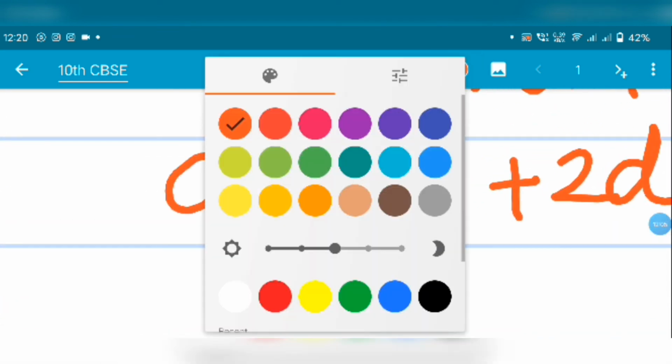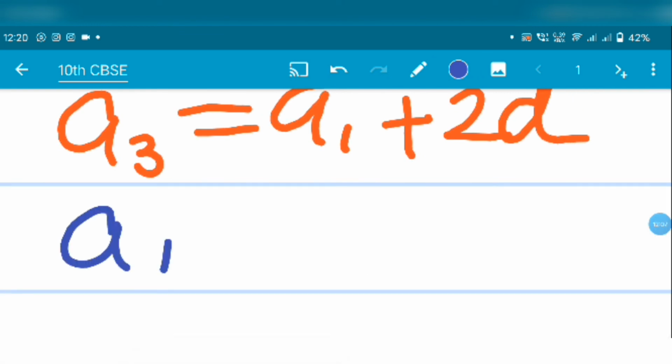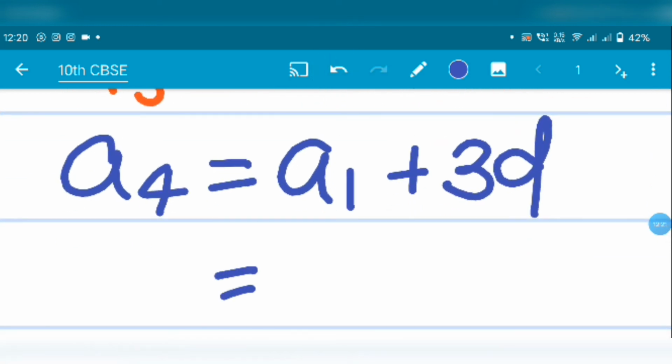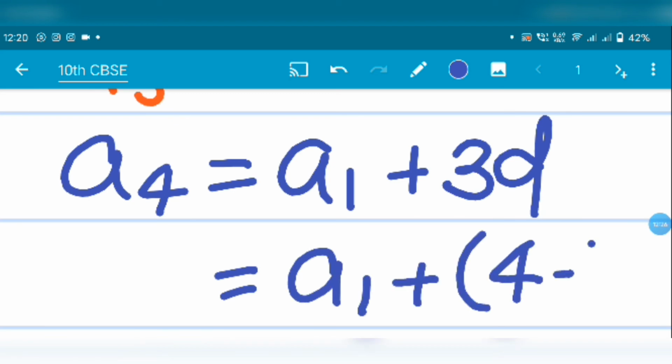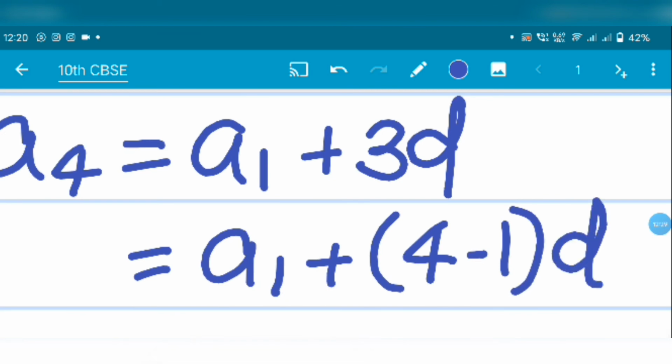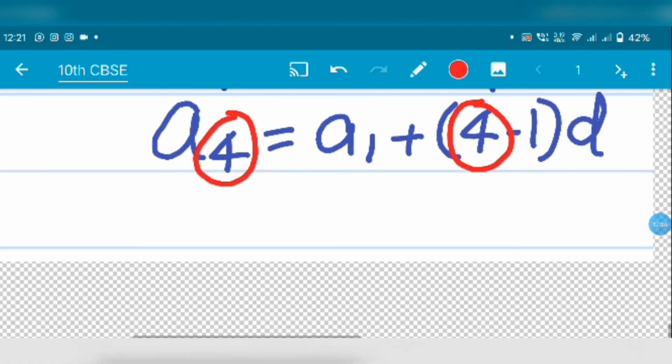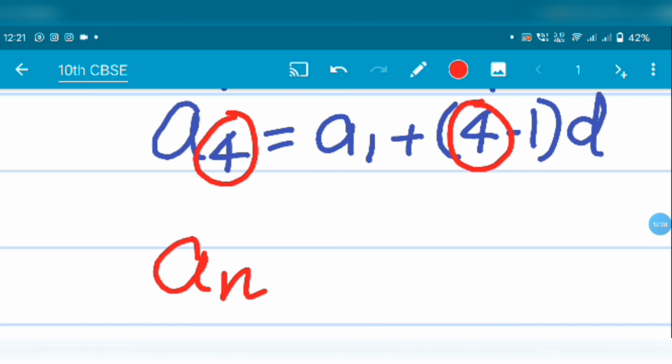In a similar manner, A4 is A1 plus, as we have written 2D at this place, 3D. So I can say A1 plus 3D, where 3 is nothing but 4 minus 1, into D. And this is A4. If I replace this 4 in terms of N, I can write AN.